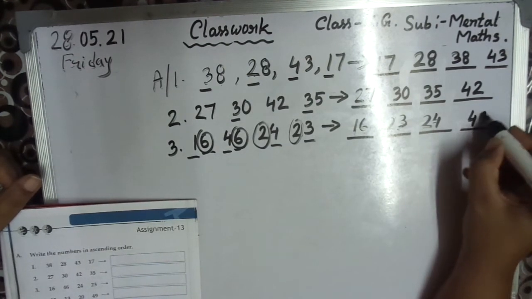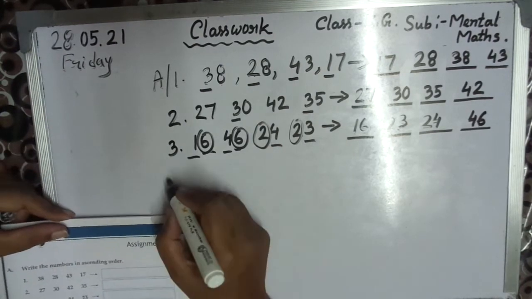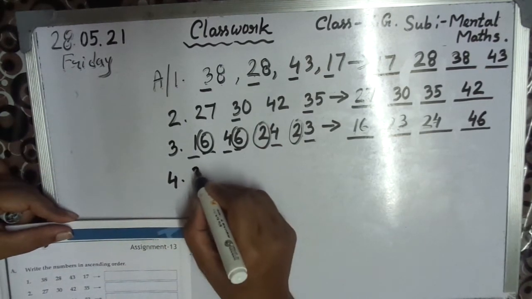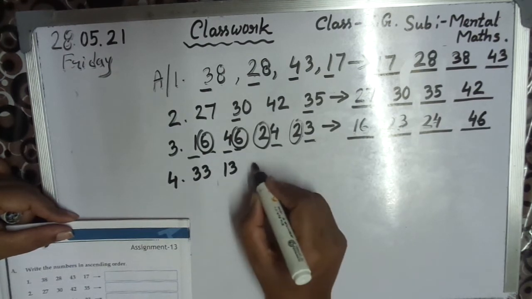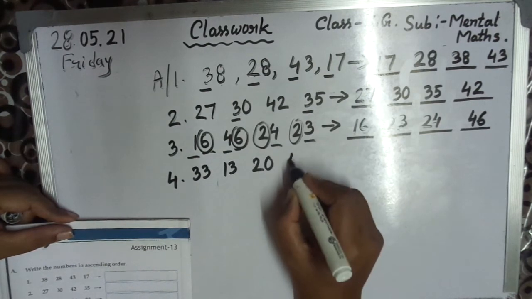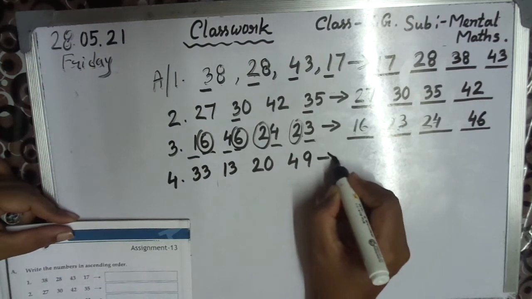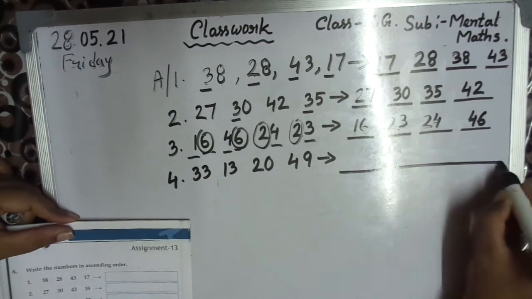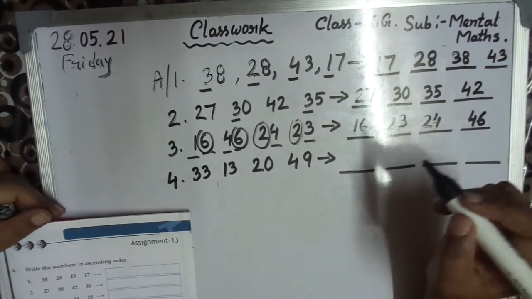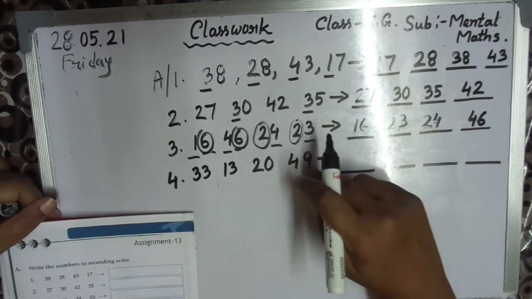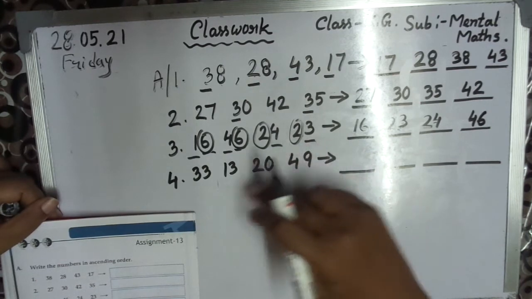So 33, 13, 20, 49. See, first one, they say different number is here.